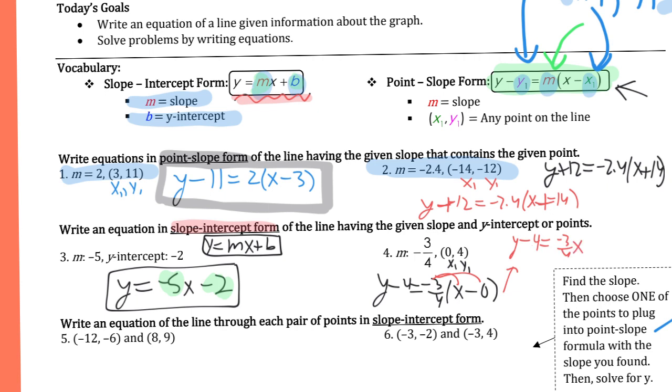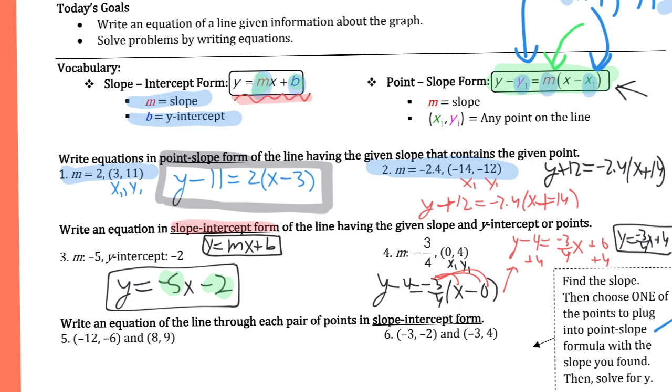And if I take negative 3/4 times 0, I get 0. Okay. And to get y equals mx plus b, you're going to have to add the 4 to both sides. And so you will write for your final answer, y is equal to negative 3/4 x plus 4.